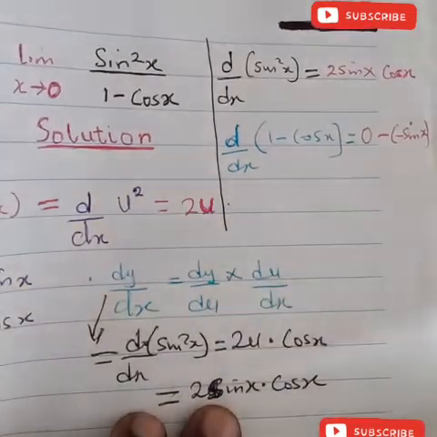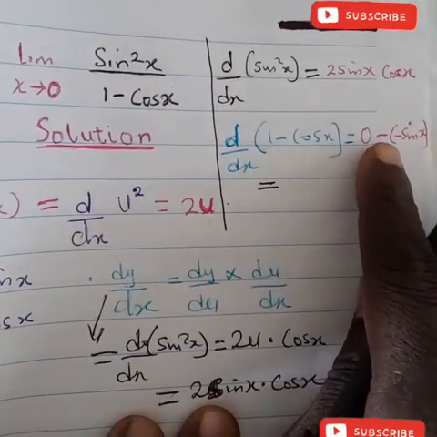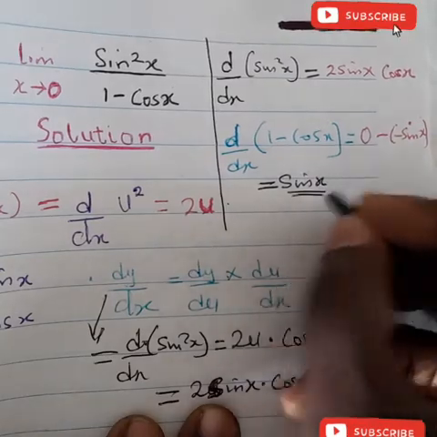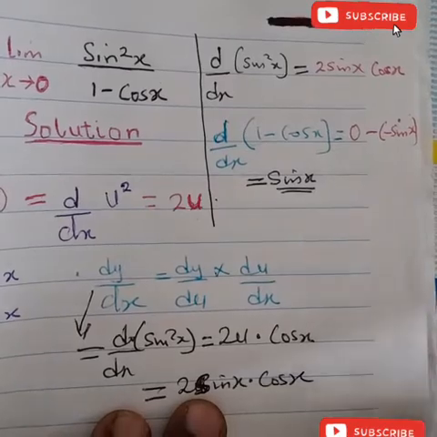Now this is going to give us 0 minus minus sine x, that will give us sine x.